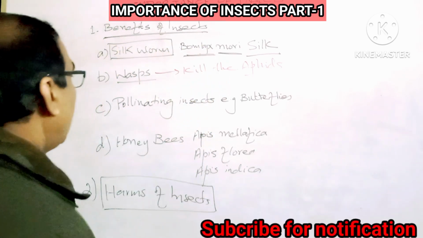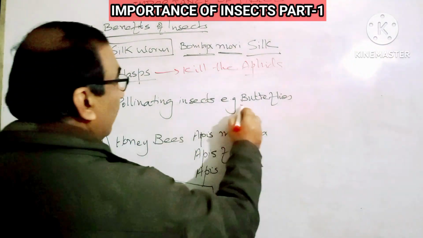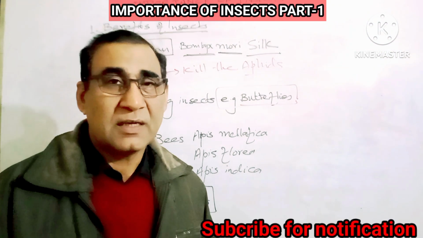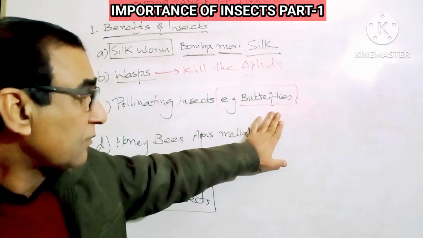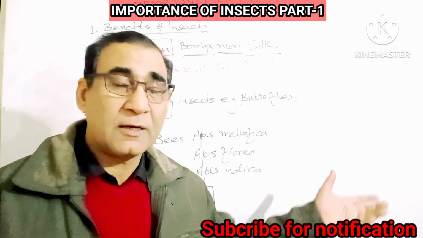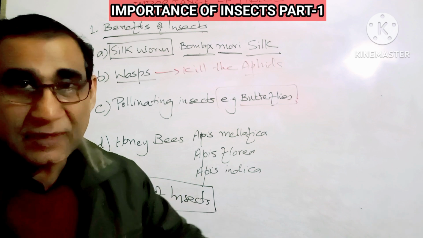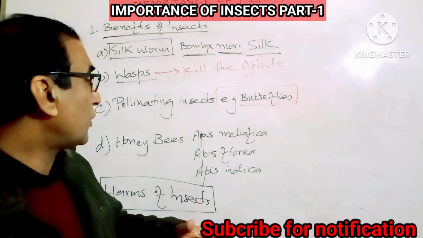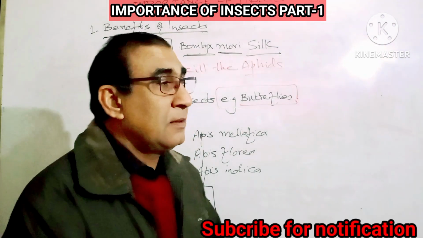Well, next is the butterflies. They are important. Danaus, Plexippus, and many other butterflies are found here in Pakistan. There are so many species found in Pakistan, and those butterflies and other insects like moths carry out pollination.